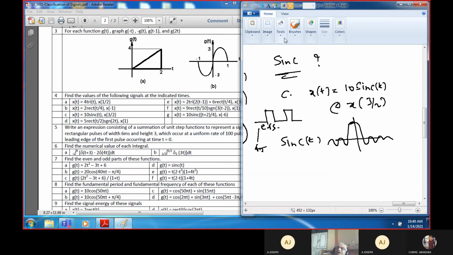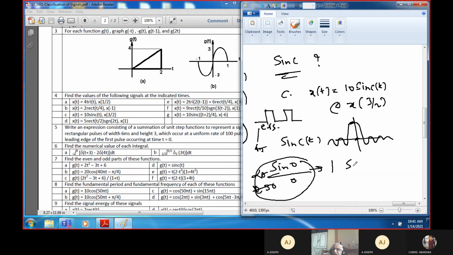Now every point here we can calculate the value. At every point we can find out what is the value of this function. Obviously, for t equal to 0, I don't require any formula because I know that sin 0 by 0, limit as t tends to 0, is equal to 1. So this I already know from trigonometry.